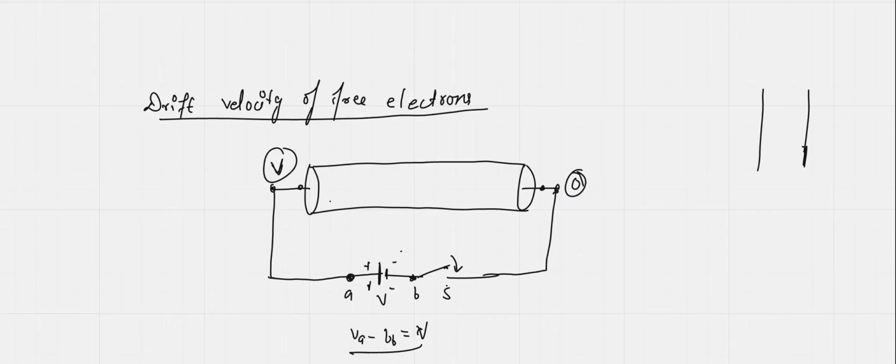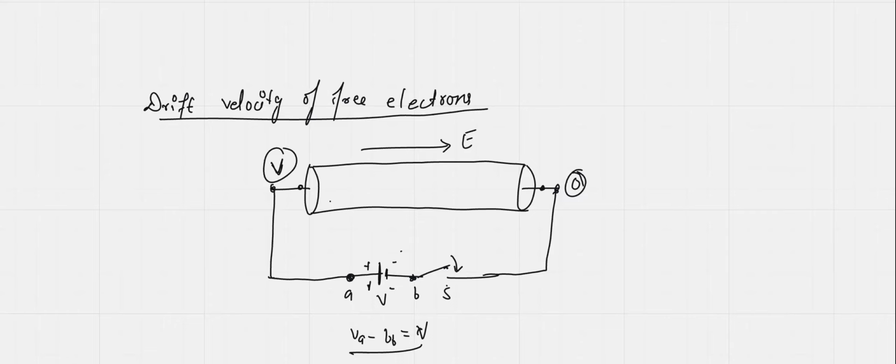What is the direction of the electric field? This one, right? Because this is a higher potential, a positive place, and here it is negative. So there is an electric field in this section. Can I say this, Kirtana? Yes, sir.